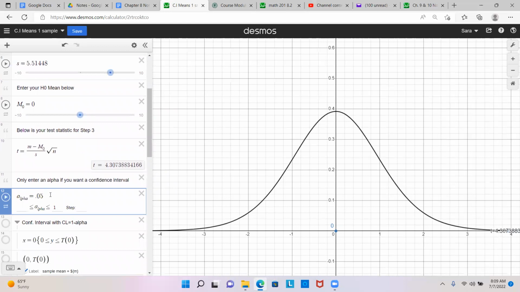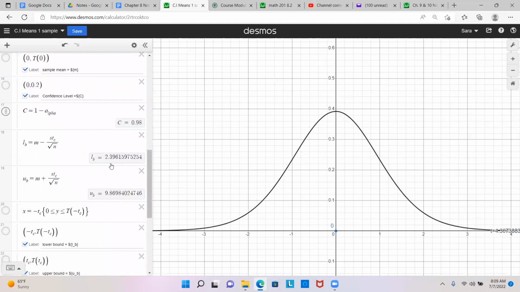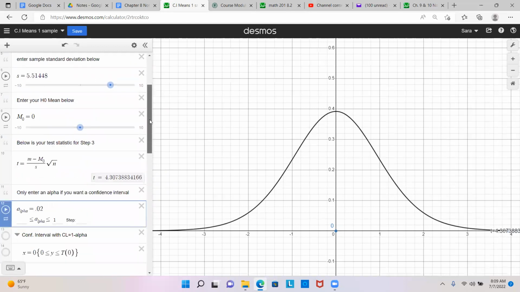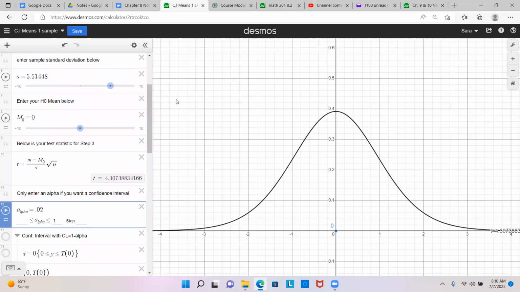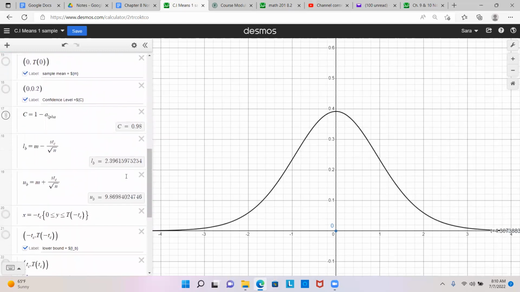And then our alpha is 0.02. And so our lower is, we can see it's 2.396 and 9.87. So this little formula program is quick and easy to use to validate everything. And to do it quickly, because it gives you your error bound. It gives you your lower and upper quickly.